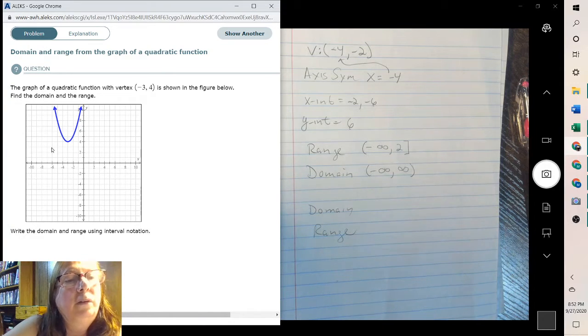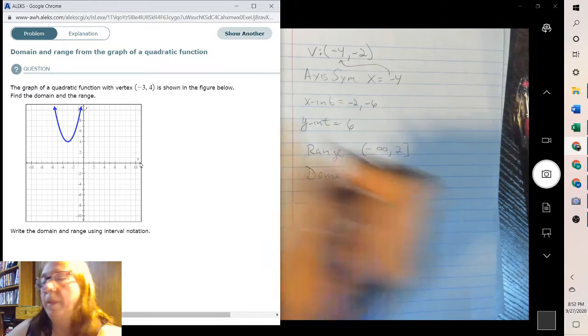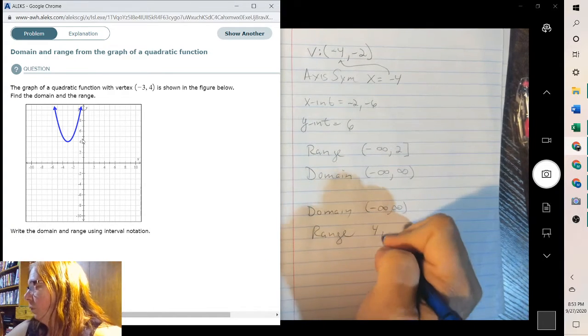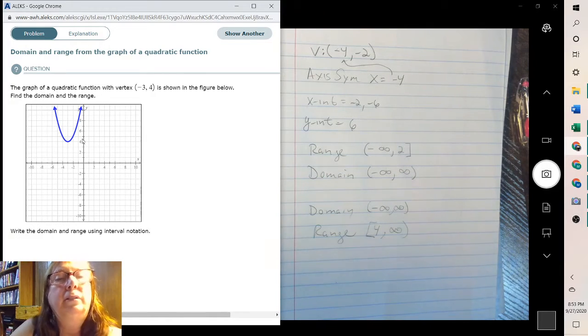So it will cover all of the x-axis, negative infinity to positive infinity. The range, though, notice there are no negative values. The range starts at 4 and then goes up to infinity. So it's 4 to infinity, including the 4, infinity always gets a parenthesis.